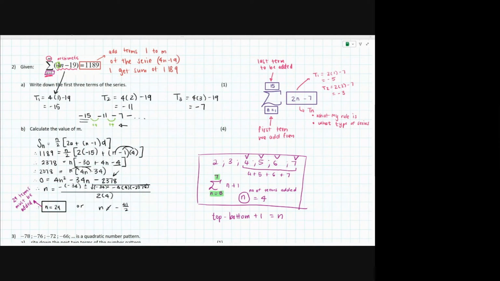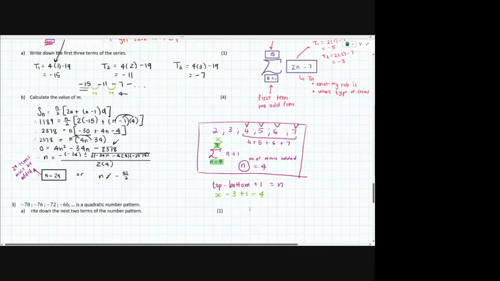So let's say, for example, I did not give you the 7 and I asked you, let's say this was x, and I said solve for x. Your formula would say top, which is x, minus bottom, which is 3, plus 1 equals 4. And you would need to go and solve your equation in order to get what your top value would be. And so this little formula here is very useful when we do not start adding from the first term.